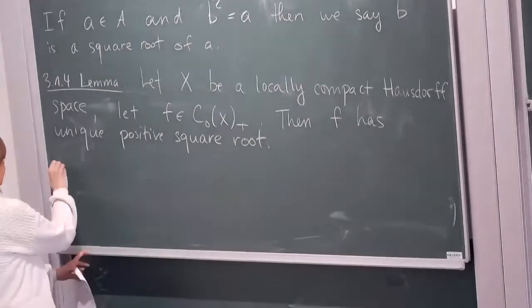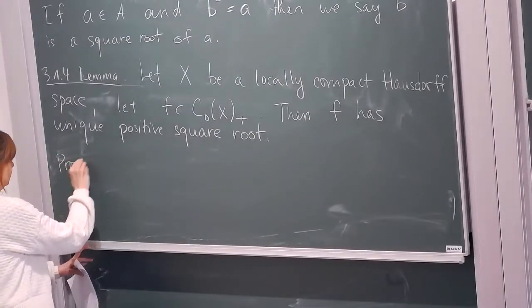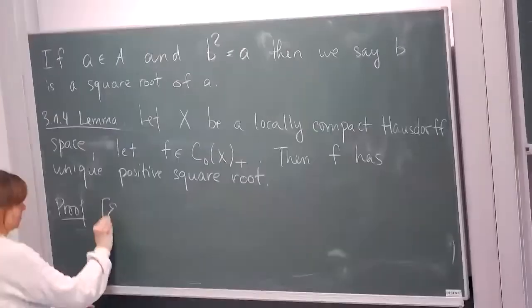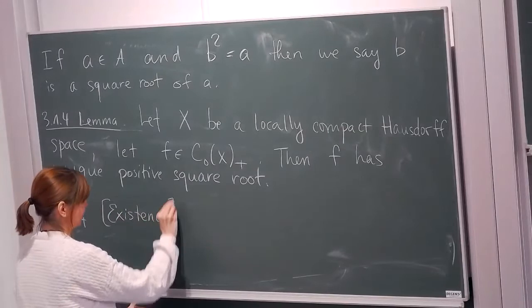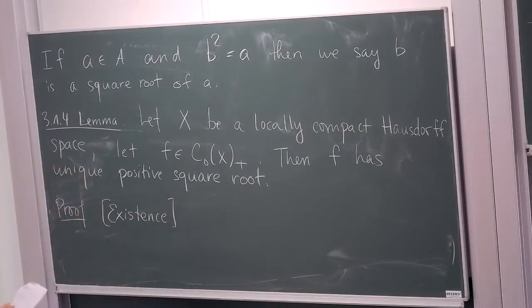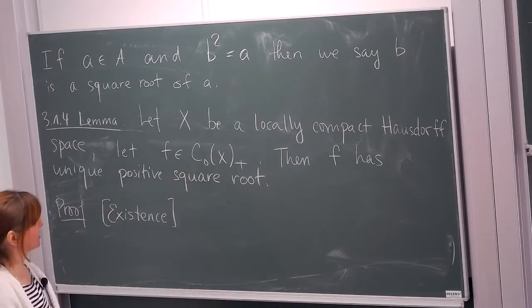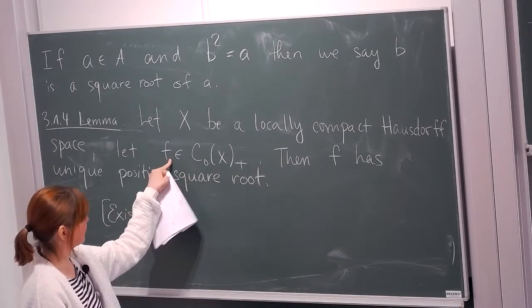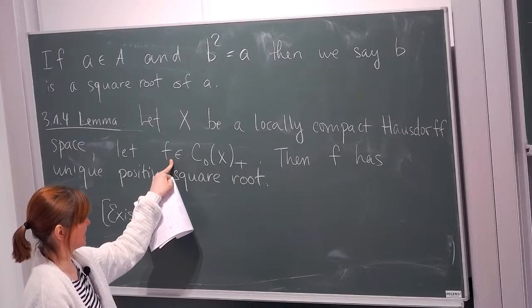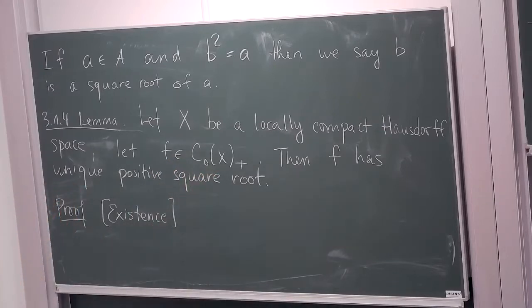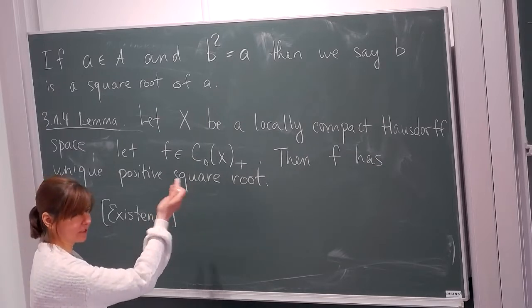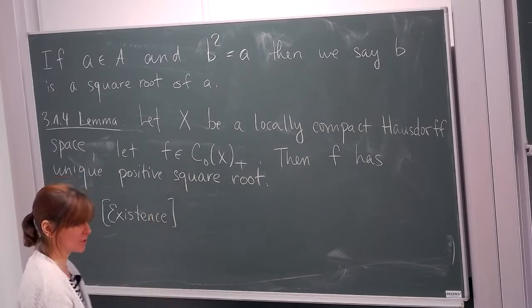Okay, so let's show that, first of all, such a square root exists. f is a positive element, which means that it's self-adjoint and its spectrum is contained in the positive real numbers. What is the spectrum of a continuous function? Well, it's just the values it takes.